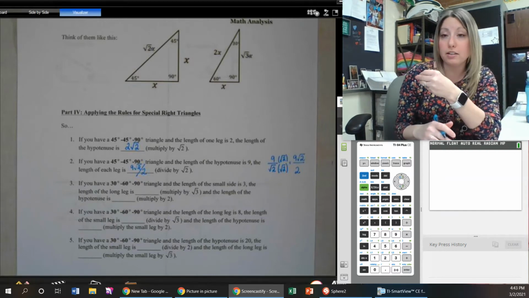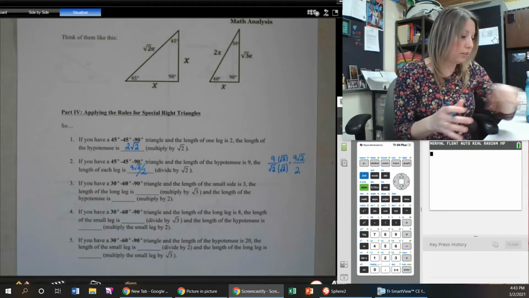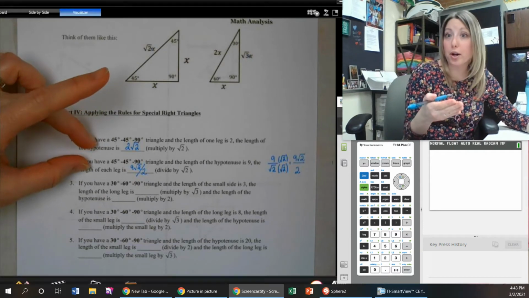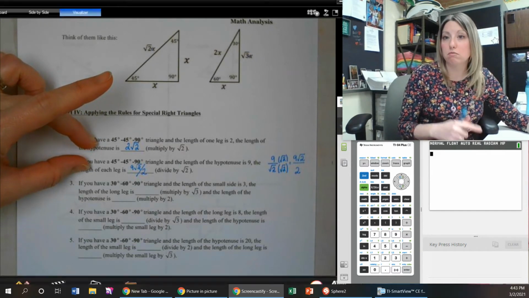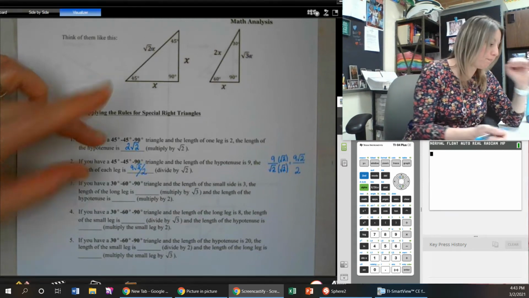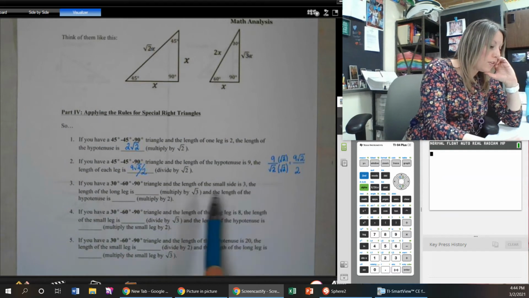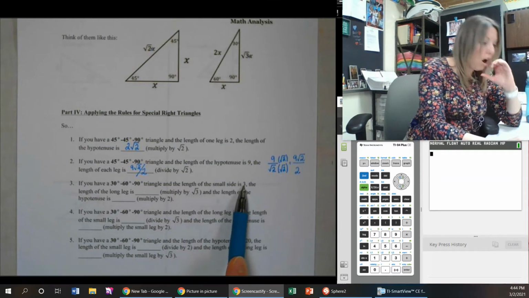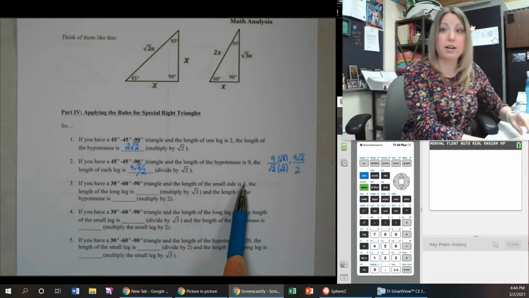30, 60, 90, there's 3 different lengths of sides because these are not isosceles. They're a little bit quicker as far as you only need to find the leg once. Now you know the other leg. If you have a 30, 60, 90, the length of the small side is 3. Oh, well, that's easy because hypotenuse is just 3 times 2.